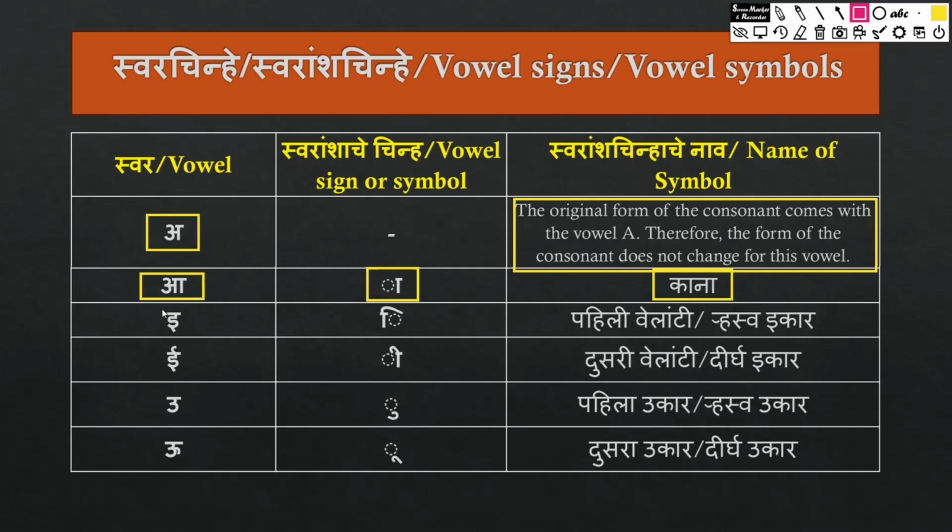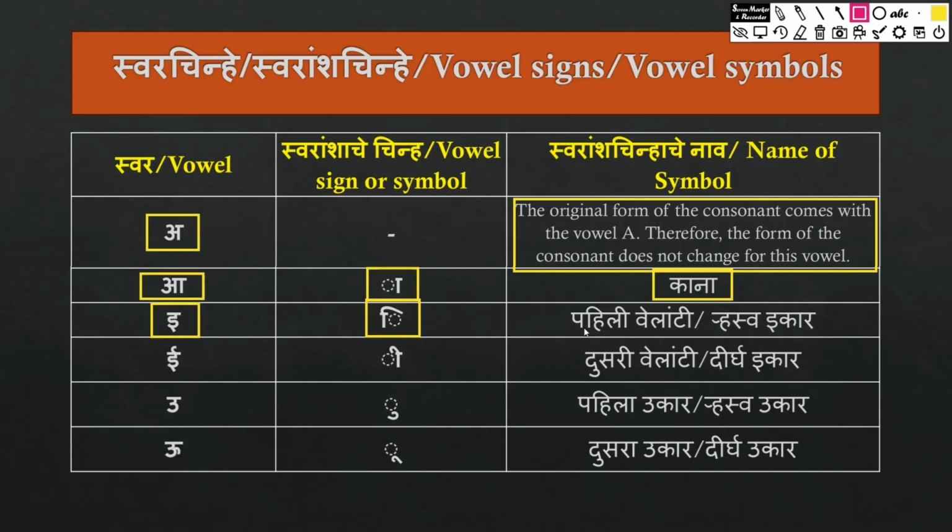Okay, then i. This is the short sound. Remember from the first lesson, this is the short sound i. For the short sound, the symbol will look like this. And what we call this symbol is pahili velanti or hraswa ikar.